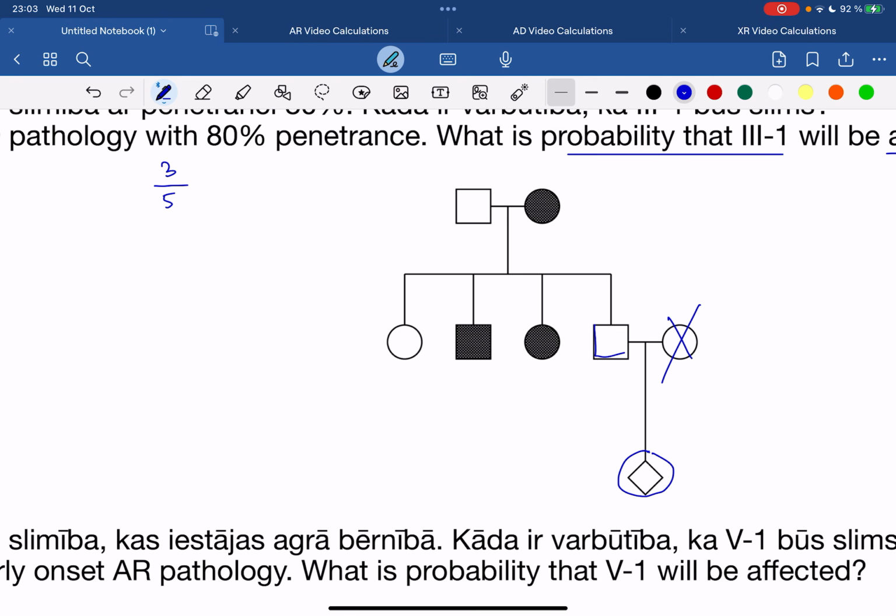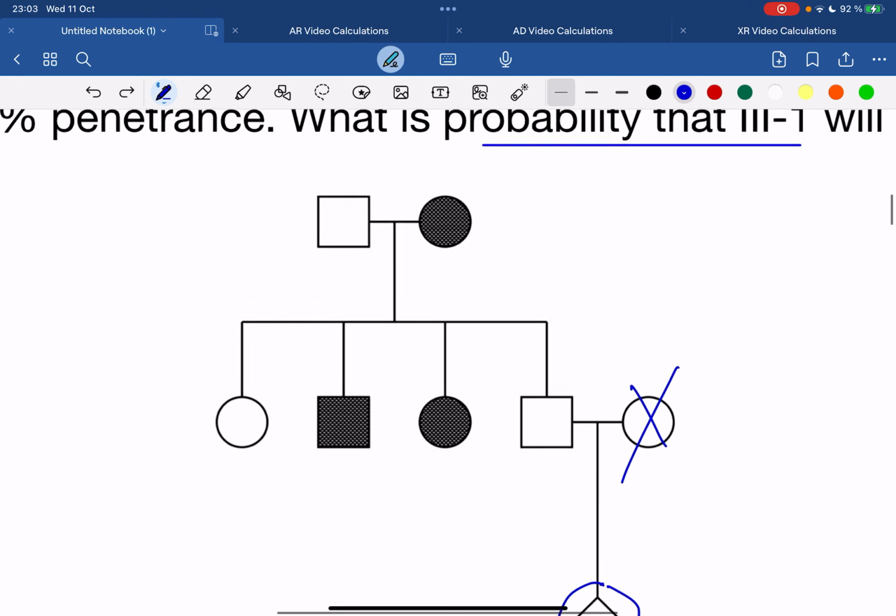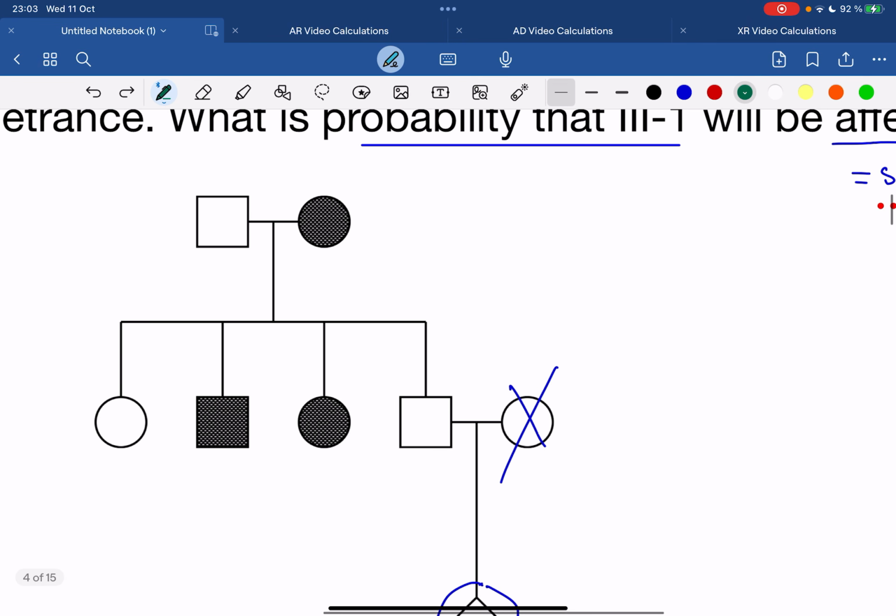However, this person, this father right here, has a mother who is affected. So if we draw a Punnett square for this dominant disease, it looks something like this.